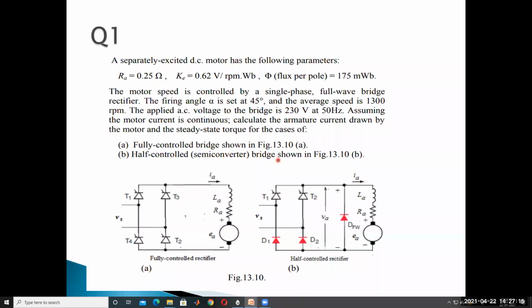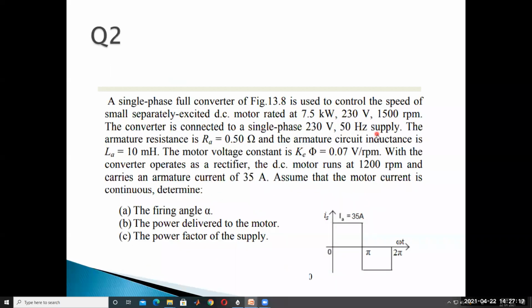So this is the first problem, and then let us go to another problem based on single phase full converter. All of you take this problem.